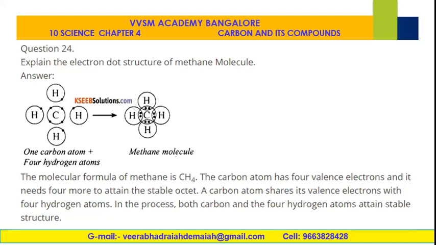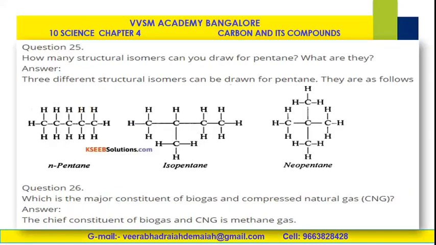A carbon atom shares its valence electrons with 4 hydrogen atoms. In the process, both carbon and the 4 hydrogen atoms attain a stable noble gas configuration, that is a stable structure, that is methane. Therefore, 1 carbon atom plus 4 hydrogen atoms. This is the structure of the methane molecule.